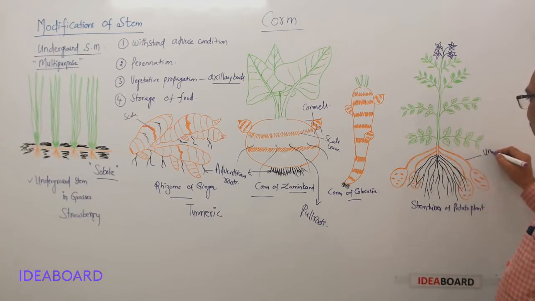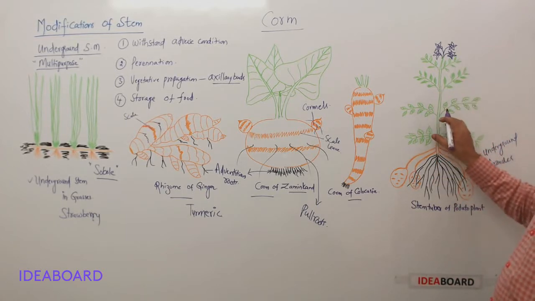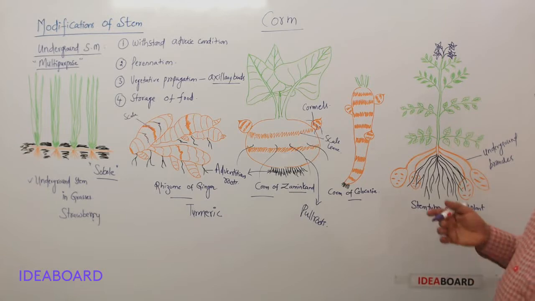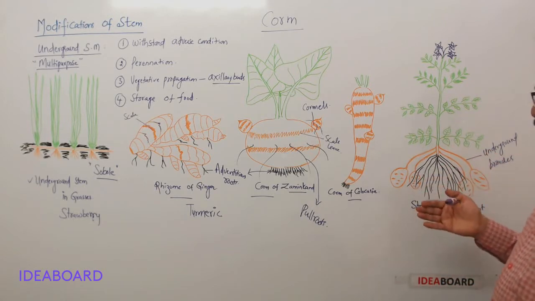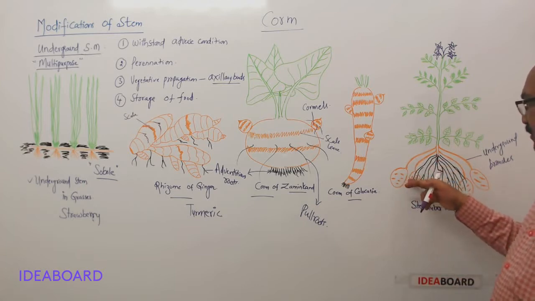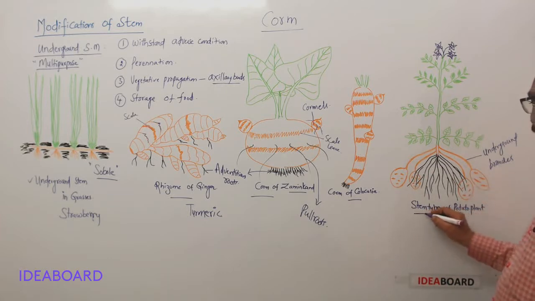These are underground branches, and they also use the food material supplied by the aerial shoot. The roots have some function, whereas these underground branches don't have any function, so most of the food accumulates at their tips. Due to this accumulation, tubers are formed that we call stem tubers.